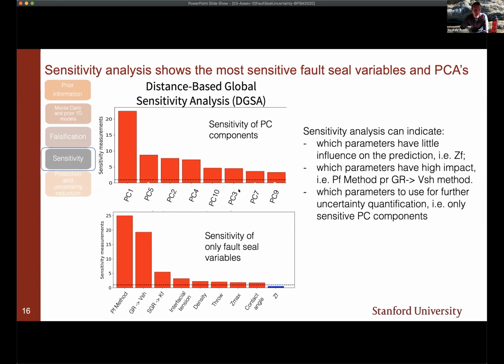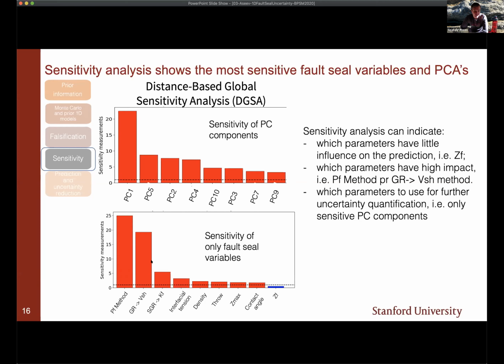We run the GSA on FaultSeal variables to analyze and visualize which parameters have little influence and which have high impact on overall uncertainty. It seems that depth of faulting is the only insensitive parameter. The most influential are methods of obtaining capillary entry pressure, either methods using yielding or sporadic, and conversion methods of gamma ray to shale.